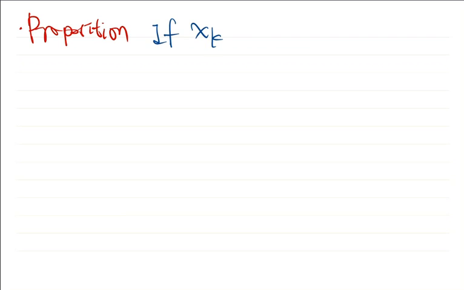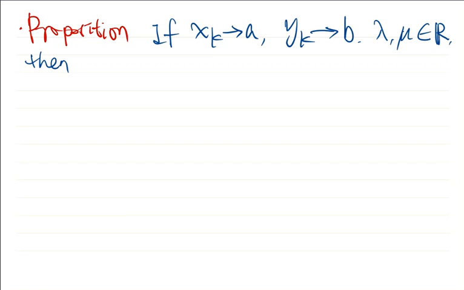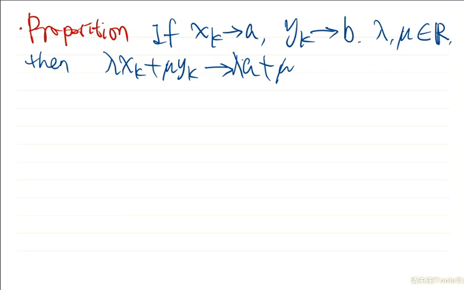If xk converges to A and yk is another sequence converges to another point B, and lambda and mu are real numbers, then the first conclusion is that lambda xk plus mu yk will converge to lambda A plus mu B. Okay, this is the first property.